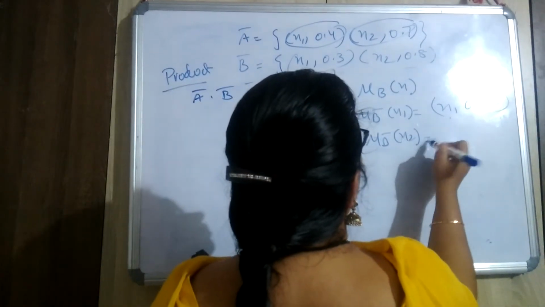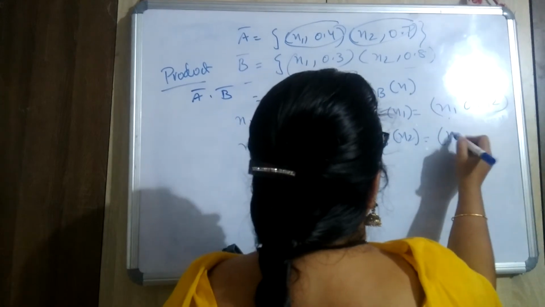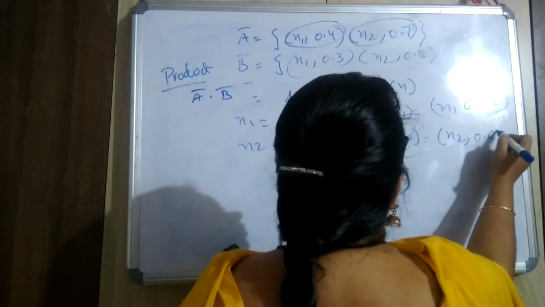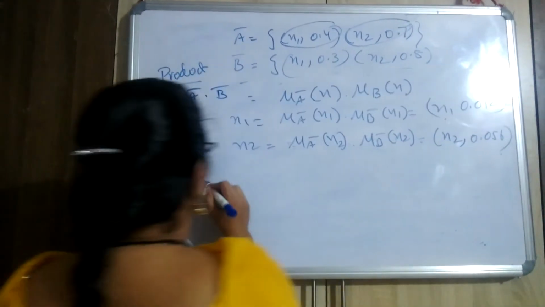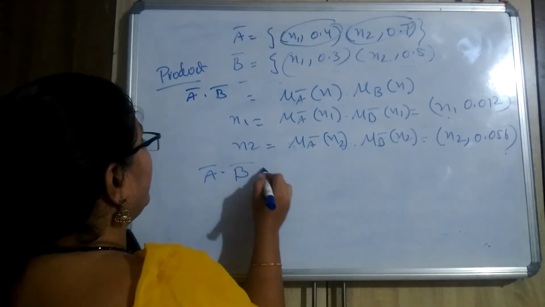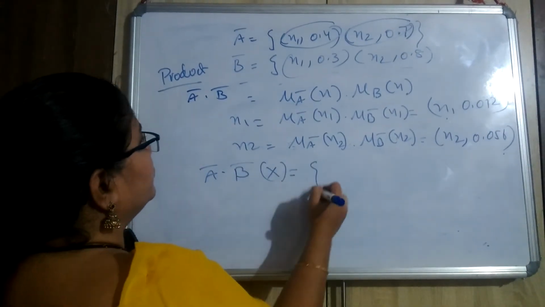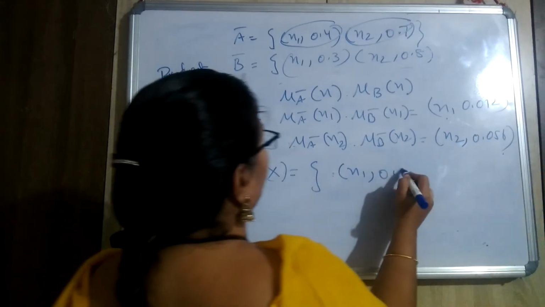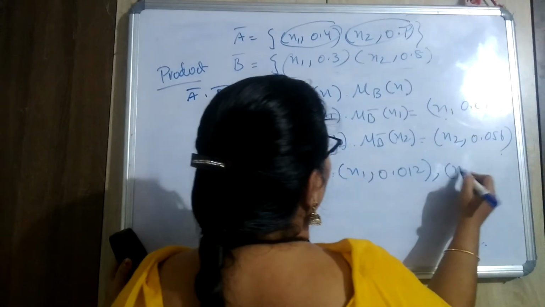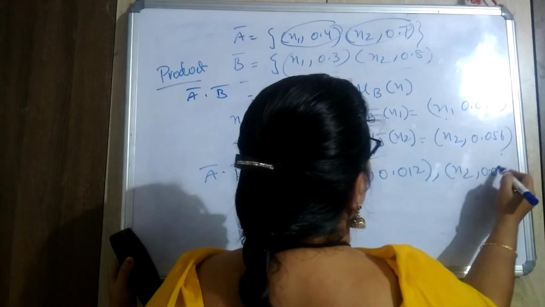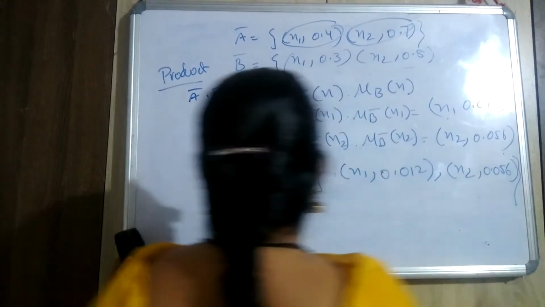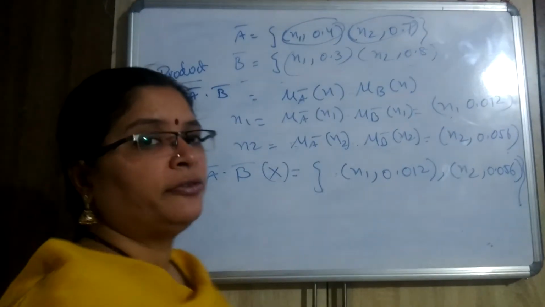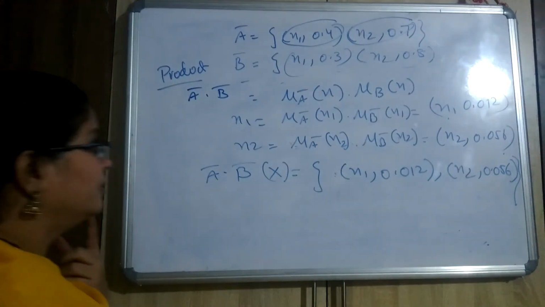That is equal to what? 0.7 into 0.8. That is equal to x2 comma 0.56. So what is the product? A bar dot b bar at x, that is equal to x1 comma 0.12, x2 comma 0.56. This is the product. This thing already we have seen in our previous session.